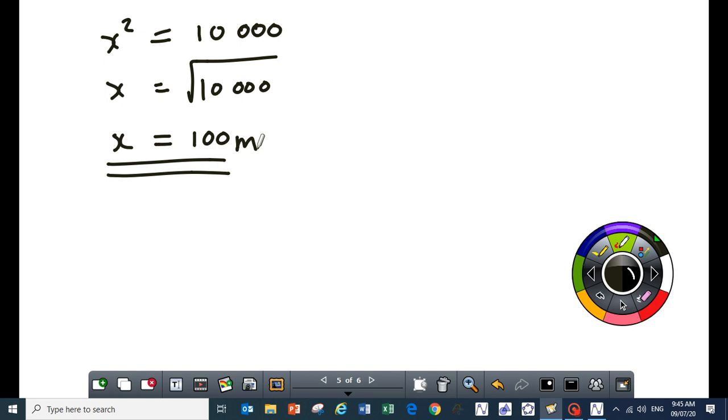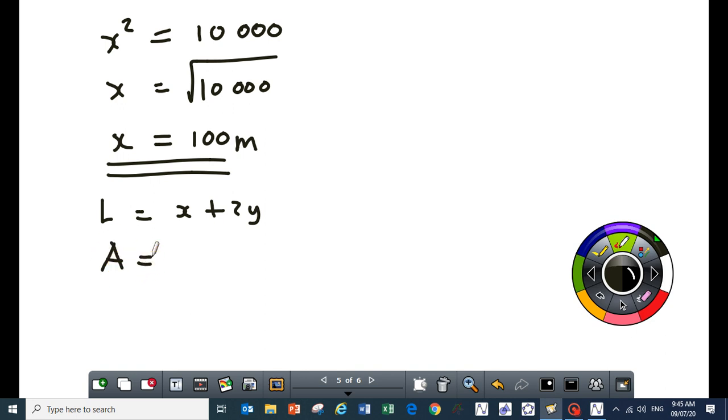The minimum value of X. The minimum total length, which includes Y, is going to be, remember, your L is equal to X plus 2Y. Is it possible for us to find the value of Y? How? The area is XY, or 5,000. So we use the area.